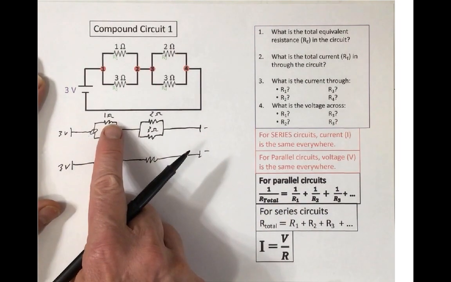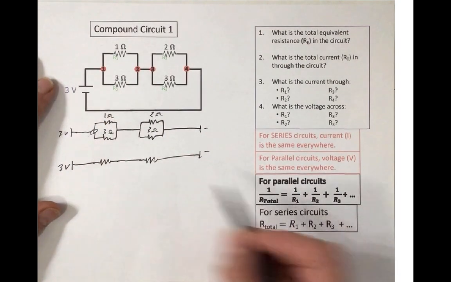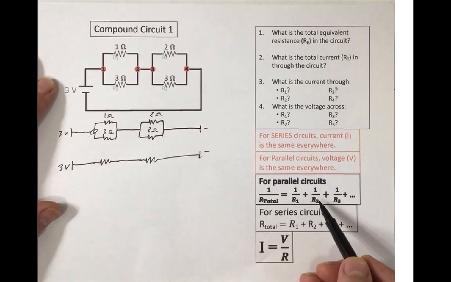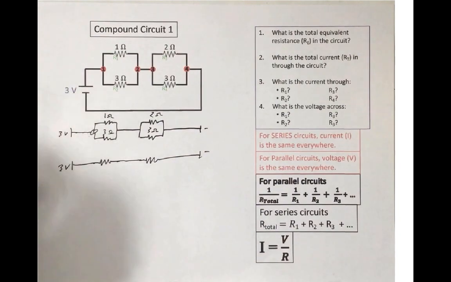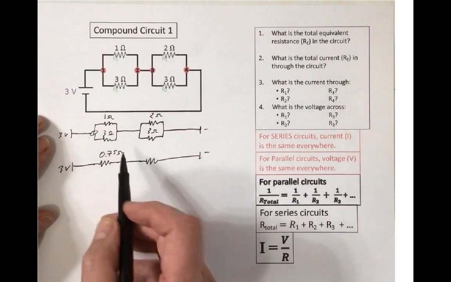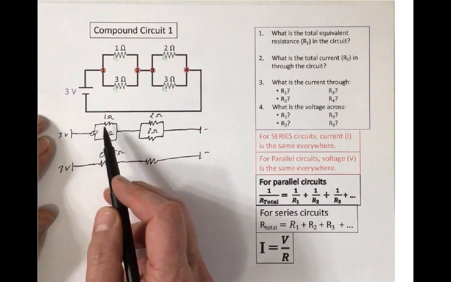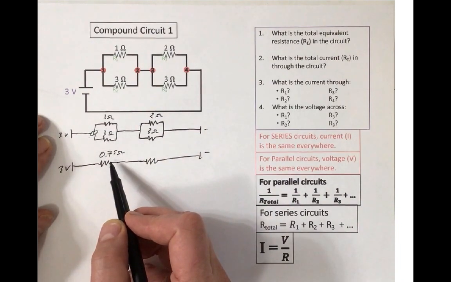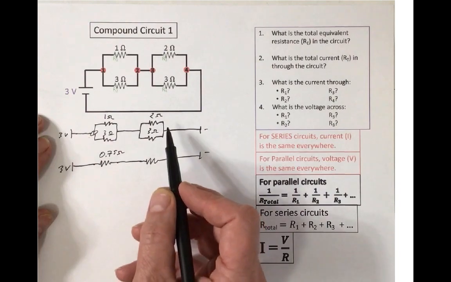Okay, and how I do that is I take the reciprocal of, so 1 over 1 plus 1 over 3, and then I take the reciprocal of that, and I get out my calculator, and that gives me that this is a 0.75 ohm resistor. So these two in parallel act as though they're one single 0.75 ohm resistor.